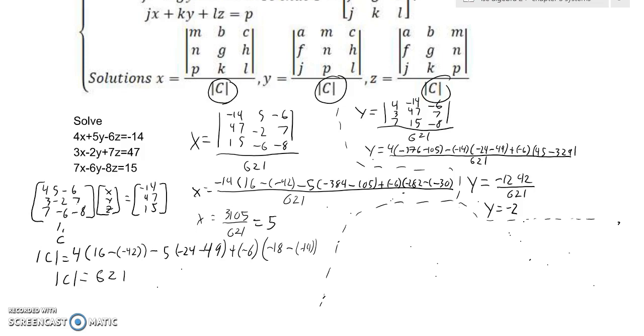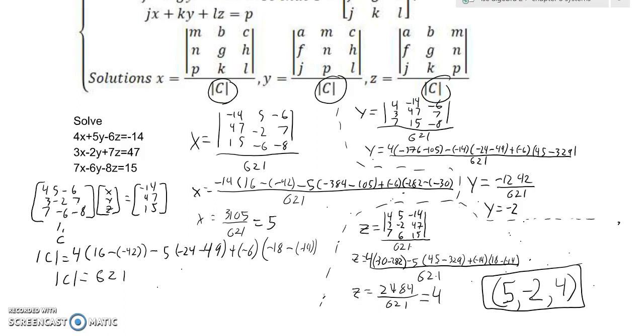Very surprising we have whole numbers here. We only have to find Z. Z is the only one that's left. So we got a little space in our bottom corner to compute our Z. So run through your calculation. Make sure you get the same thing. Answer the question with your ordered triple. Our XYZ answer is 5, negative 2, 4. And we're done.